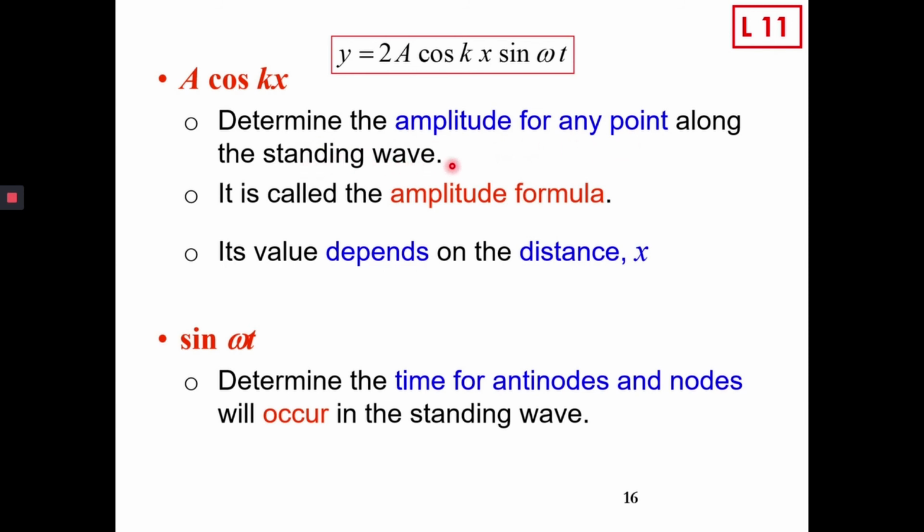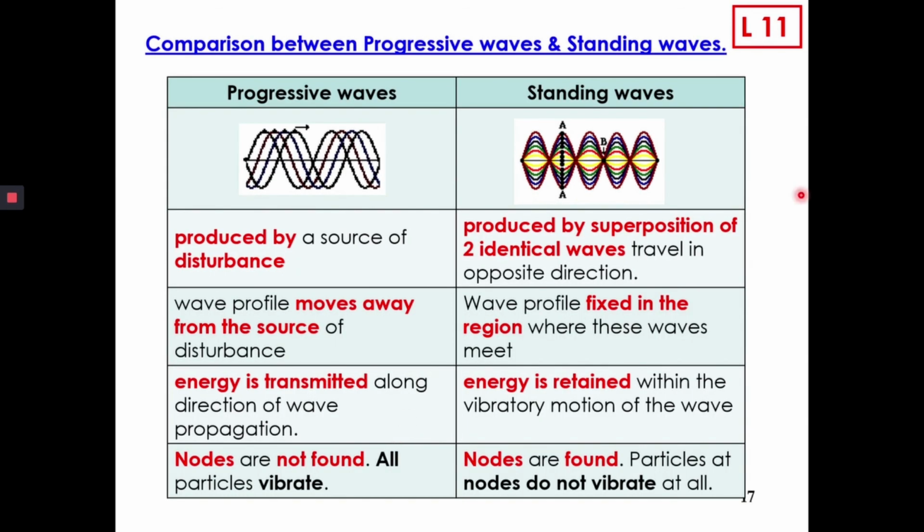So the amplitude value depends on distance x, whereas the sine omega t determines the time for the antinode and node that will occur in the standing wave. So the last part is the comparison between the progressive wave and the standing wave.